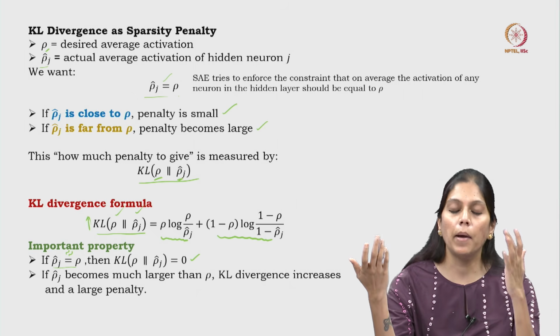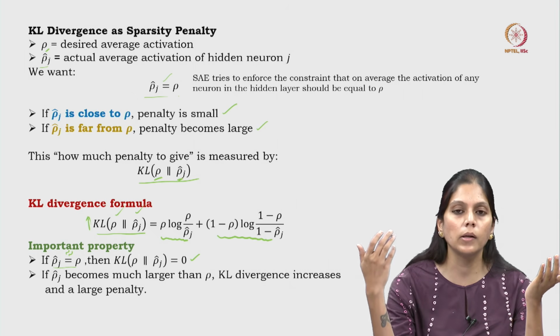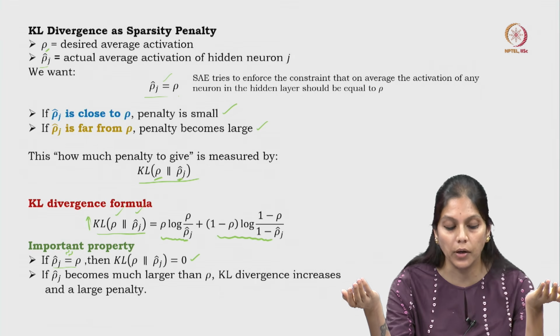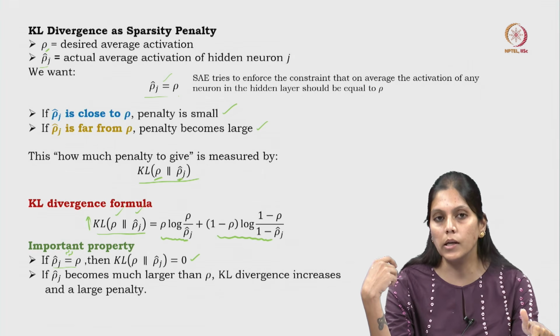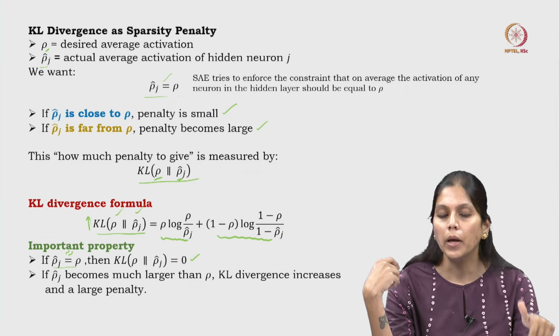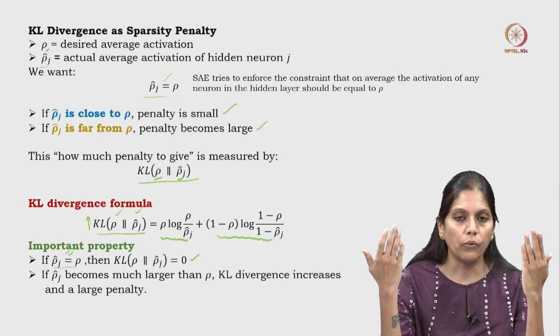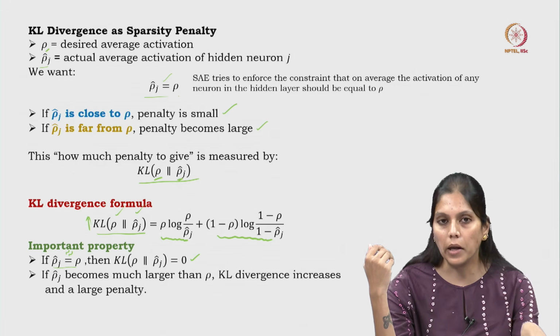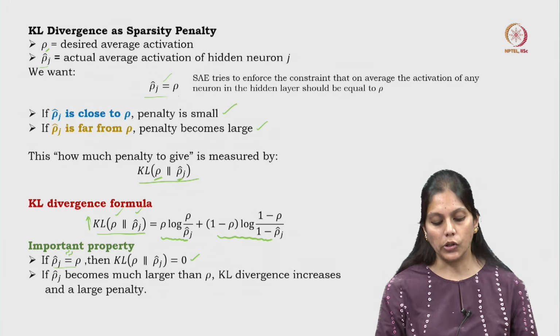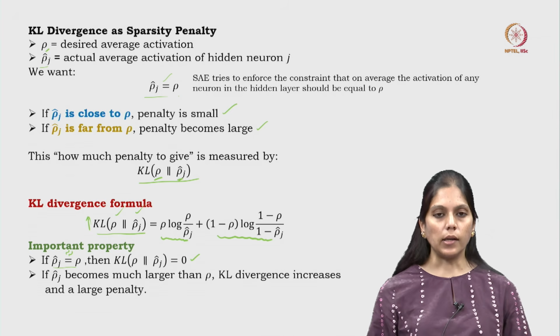Then you should compare that average with some ground truth average. That ground truth or desired is rho, and the actual average we have got is rho hat. Now you should compare how far they both are. For that comparison we require KL divergence. And how is the KL divergence formula? This is the formula that is given.